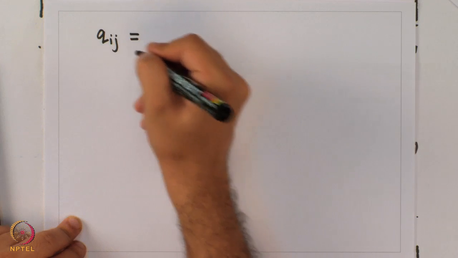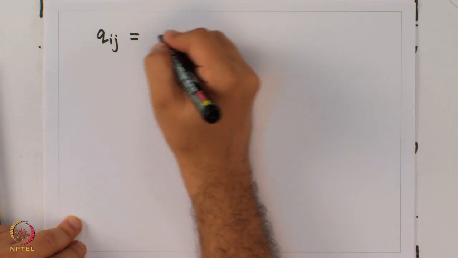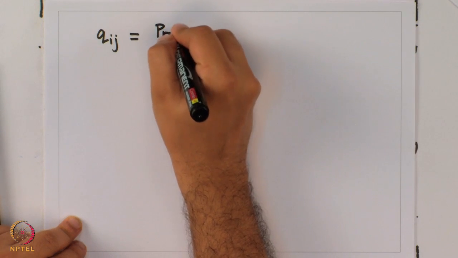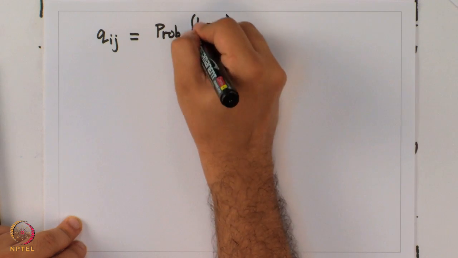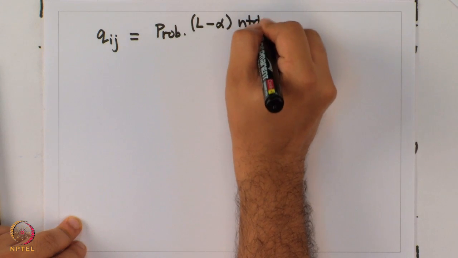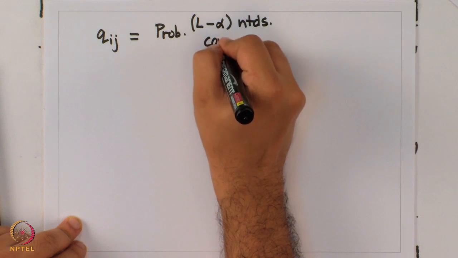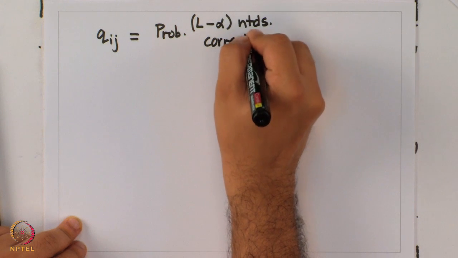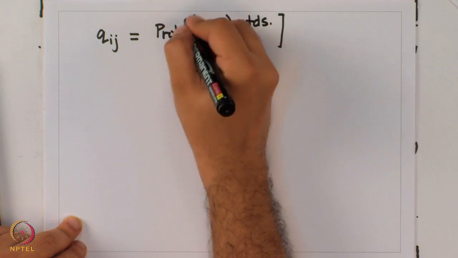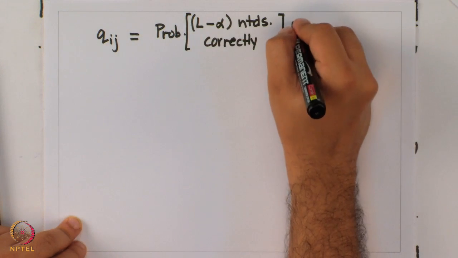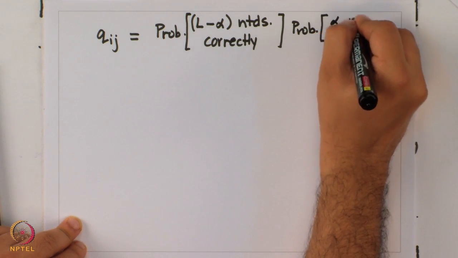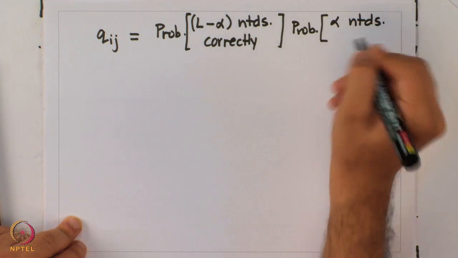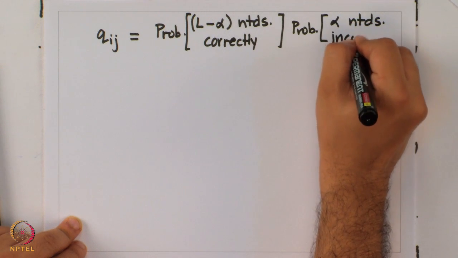Now, Qij, the probability that i upon replication gives sequence j, is the probability that L minus alpha nucleotides were copied correctly and the probability that alpha nucleotides were copied incorrectly.